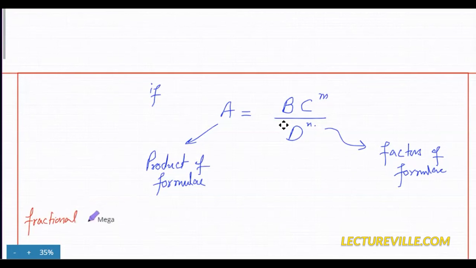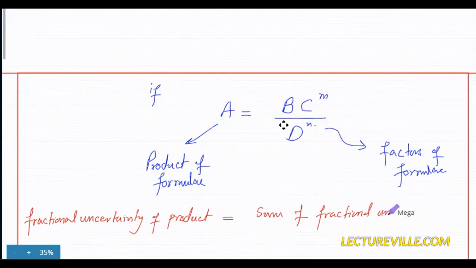Fractional uncertainty of a product equals the sum of fractional uncertainties of factors.